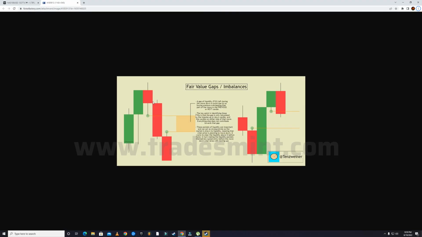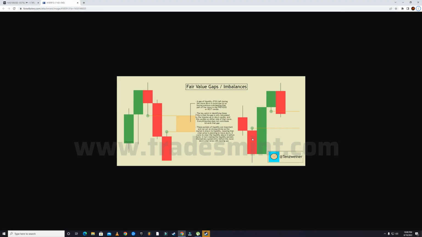All right, so if we look at the buy example here, we look for the high of the first candle and the low of the third candle. So this is again a three candle formation. Remember that 1, 2, 3. All right, so the first candle, we're looking at a buy example.